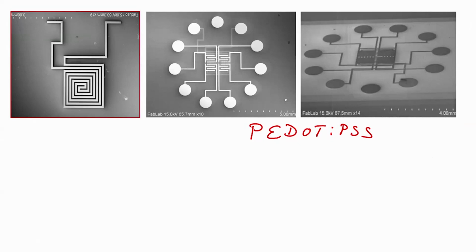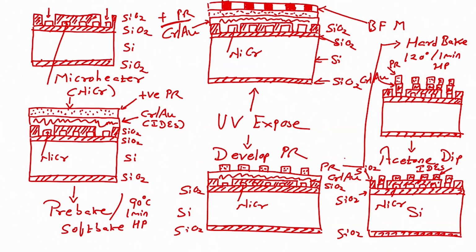If you remember the last screen that we saw, it was our interdigitated electrodes, and below the interdigitated electrodes there is an insulator, below which there is a micro heater. We will start from here and pattern a piezoresistive material.